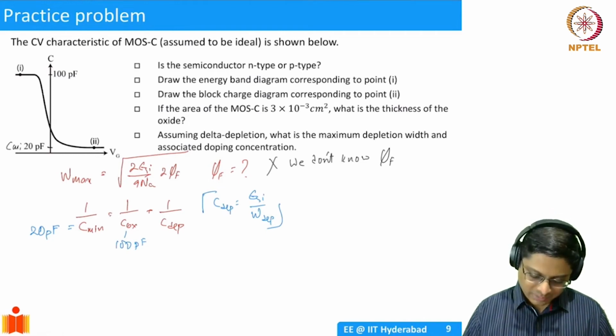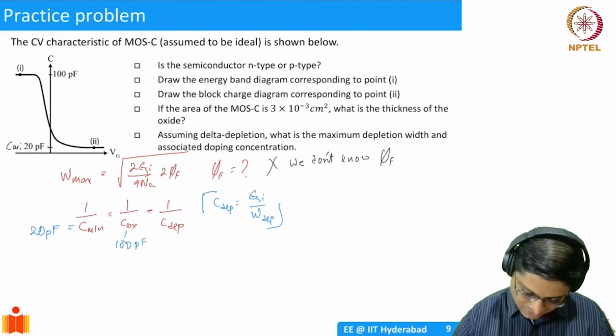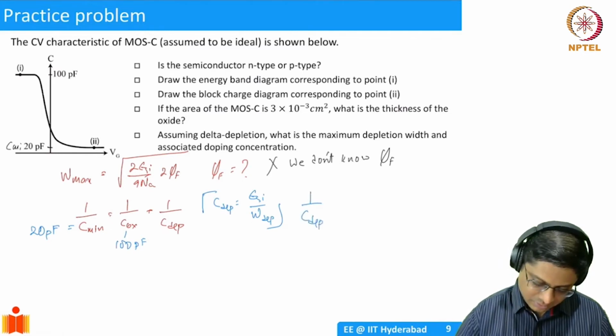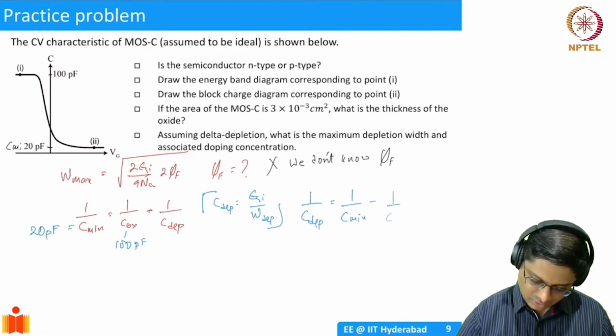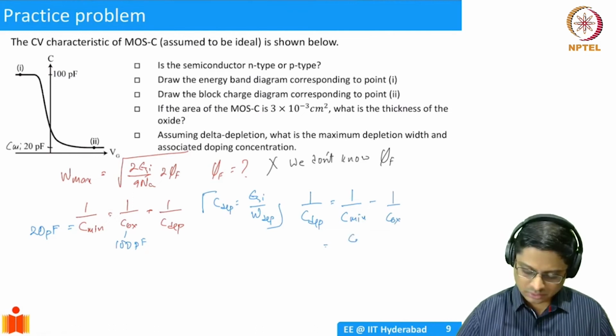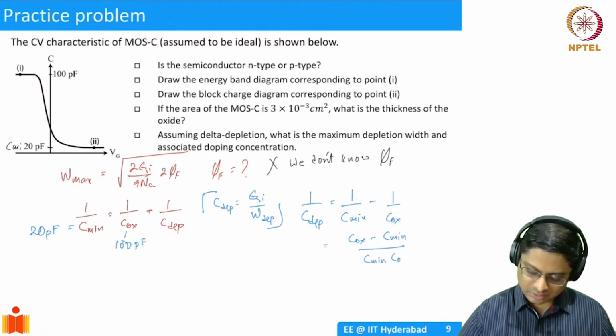Okay, how do we solve for C depletion now? Well, I can do some jugglery algebra, which I usually don't like, but let me try here. 1 over C depletion equal to 1 over C min minus 1 over C ox. So this will be equal to C ox minus C min divided by C min C ox.